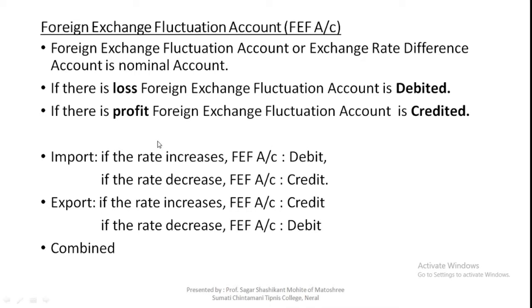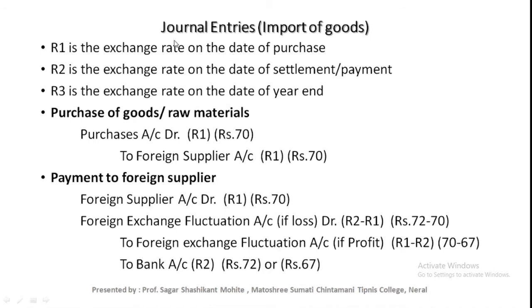Now let's see which journal entries we need to pass in this situation. First we will see journal entries related to the import of goods. Here I have mentioned R1, R2 and R3 as code numbers.